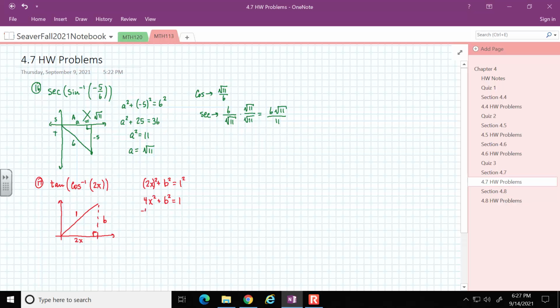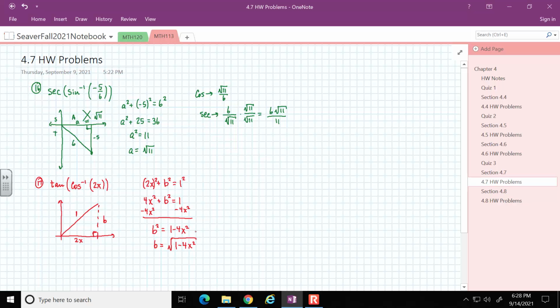So then I would subtract 4x squared from both sides. And you would get b squared equals 1 minus 4x squared. And then I would come in here and say, well, then b has to be, in this case, it is positive, so just be the square root of 1 minus 4x squared.